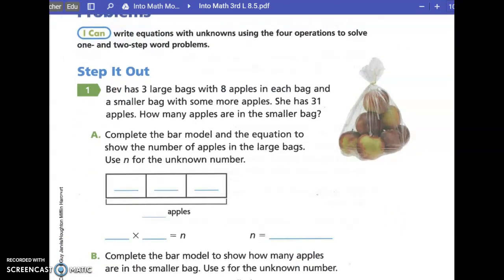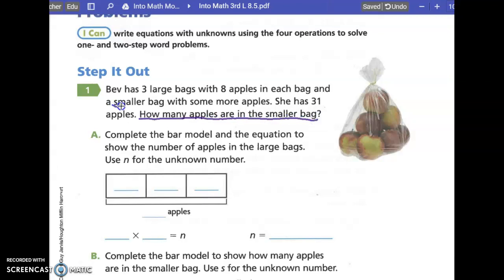Bev has 3 large bags with 8 apples in each bag, and a smaller bag with some more apples. She has 31 apples. How many apples are in the smaller bag? So our unknown here is, what do they want to know? Yeah, they want to know how many apples are in the smaller bag.